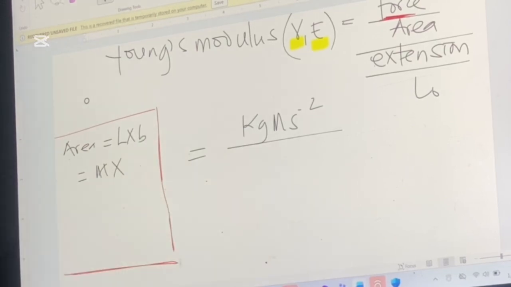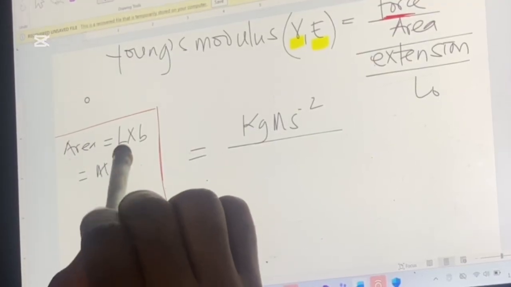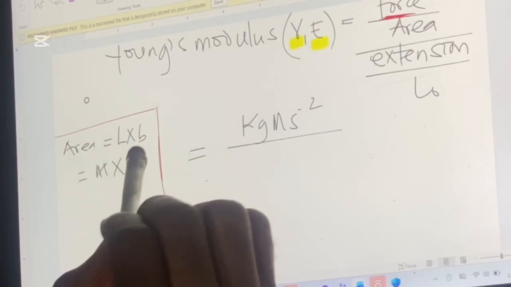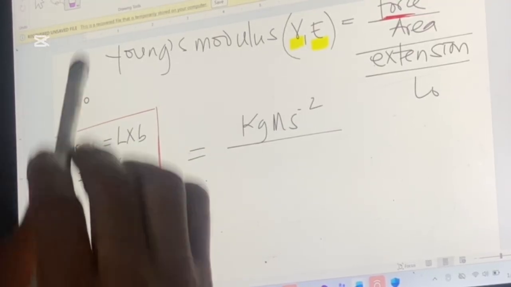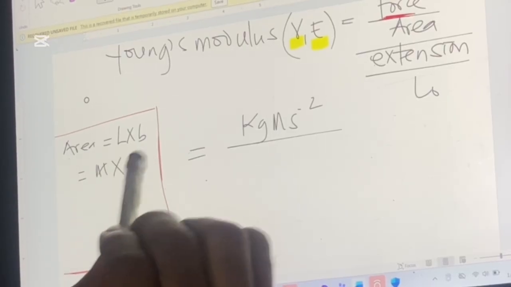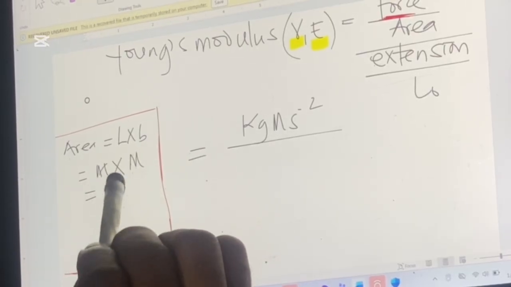And this breadth here cannot be classified as mass, nor can it be classified as time. Please take note. So since it cannot be classified as mass, cannot be classified as time, it will be length, and the unit is meter. So meter times meter will give us meter square.